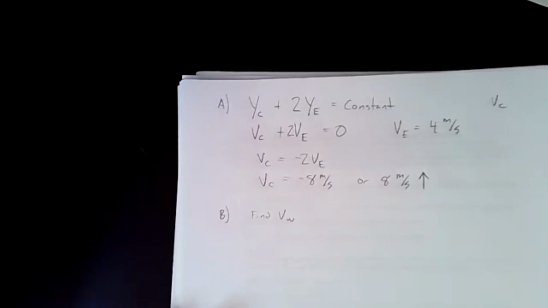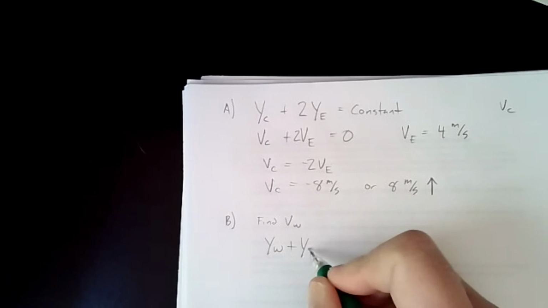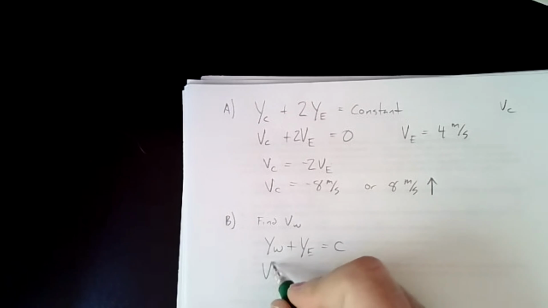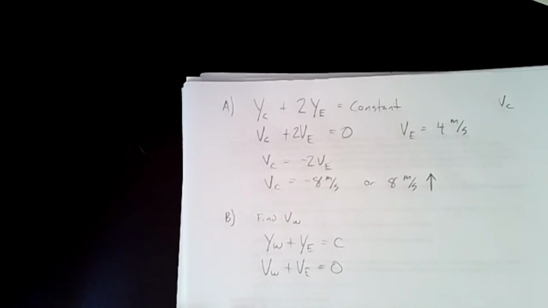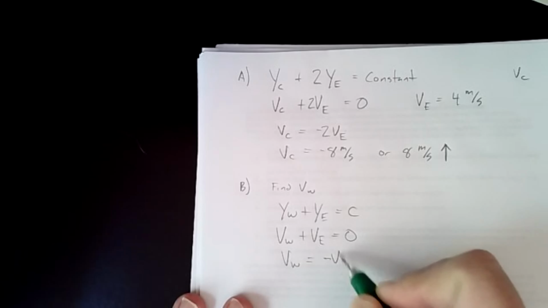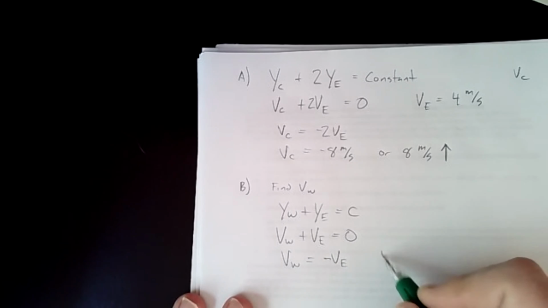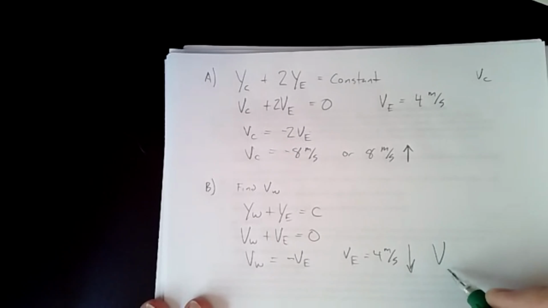So when we write our equation, we just have YW plus YE equals a constant. Therefore, VW plus VE equals 0. And so in this case, VW equals negative VE. And since we know that VE started as 4 meters per second, and again, that was down because that was positive, then VW is going to be 4 meters per second going up, since it ends up negative.